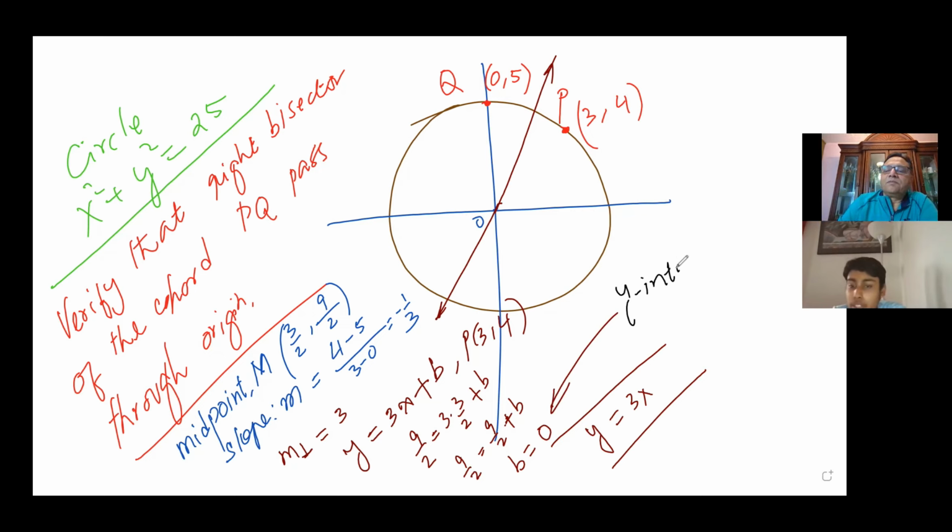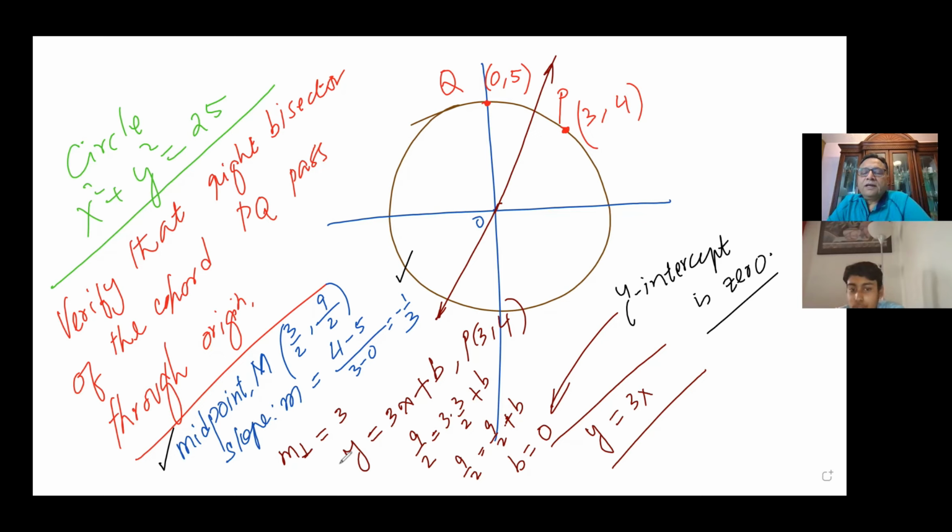So, sir, when doing the y equals mx plus b, is it okay if I use the midpoint I got, and the slope negative 1 over my original 2 points? Would that be fine? Yes. So that way I don't have to solve for everything all over again, right, sir? The midpoint you found as 3/2 and 9/2. The slope was minus 1/3. The slope of the perpendicular line will be 3, the negative reciprocal.